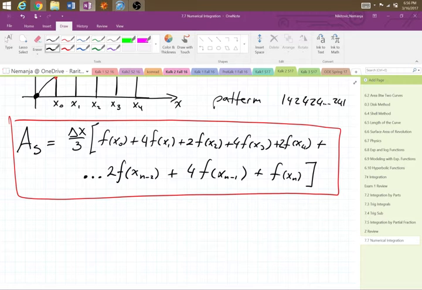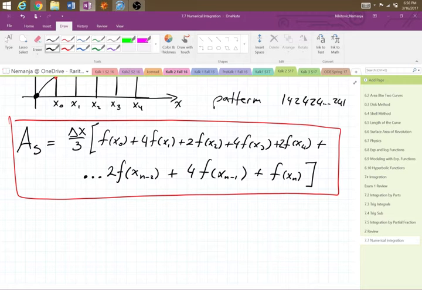So that pattern is applied to any application of Simpson's Rule? Yes, that's the formula for it, so yes. It has to be 1, 4, 2, 4, 1. But if you have multiple terms in the middle, it's going to be alternating 4, 2, 4, 2, 4, 2, 4, 2 until you run out of them. But it has to end 2, 4, 1. We have to start 1, 4, 2, and as a mirror end 2, 4, 1.